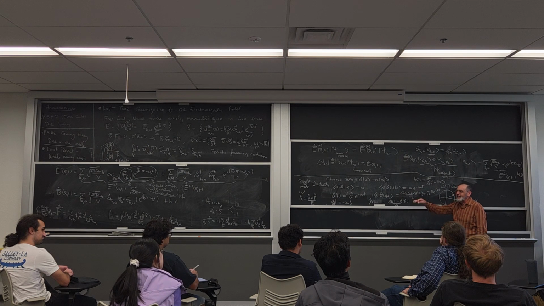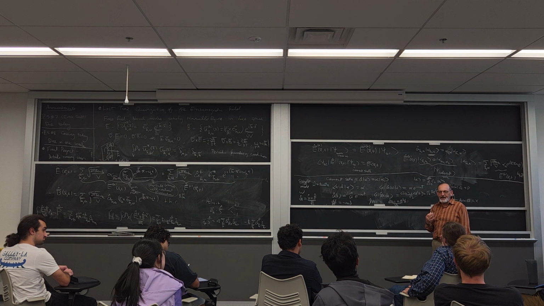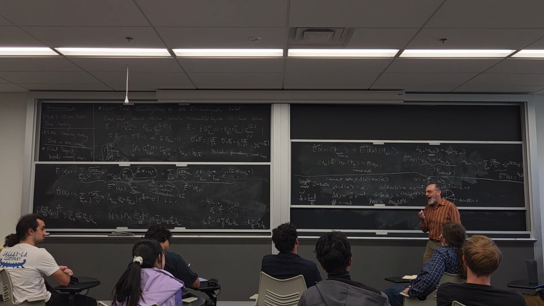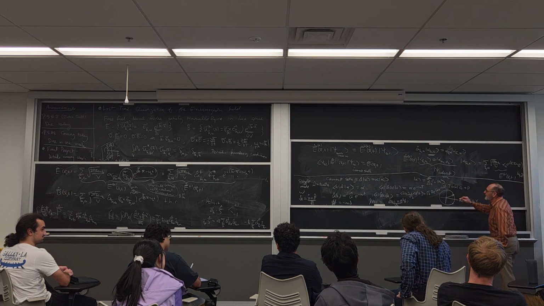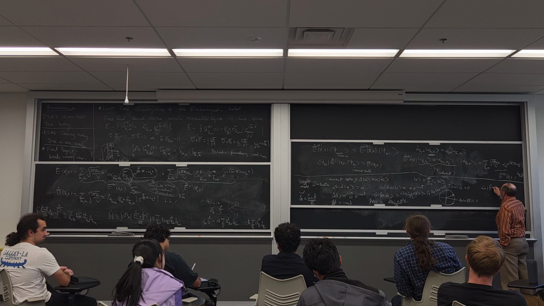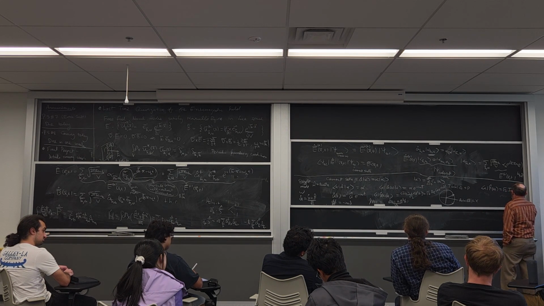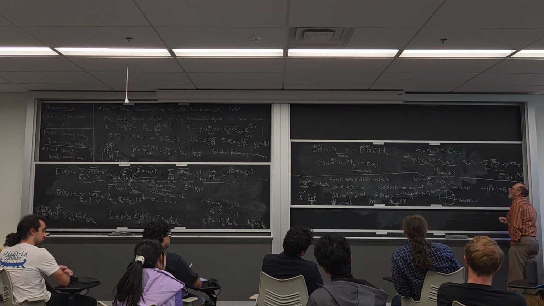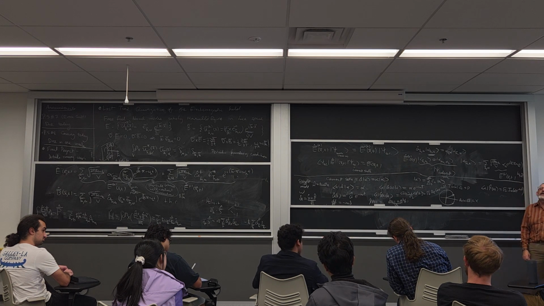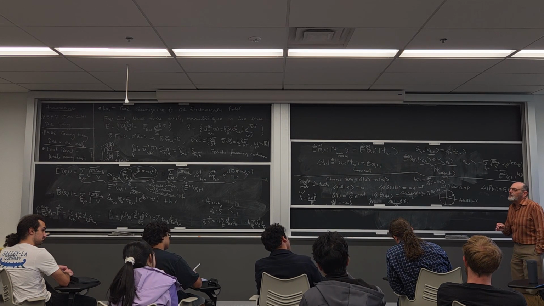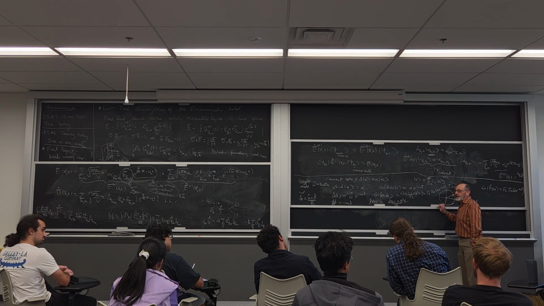We put the hats on to get A's and A daggers, but when we're in a coherent state, when we take the expectation values, we take the hats off. Hats off to you. So that's x of t, and the mean p of t is the square root of 2 times the imaginary part of that. So, for a coherent state, the mean x and p are oscillating in time exactly like the classical oscillator did.